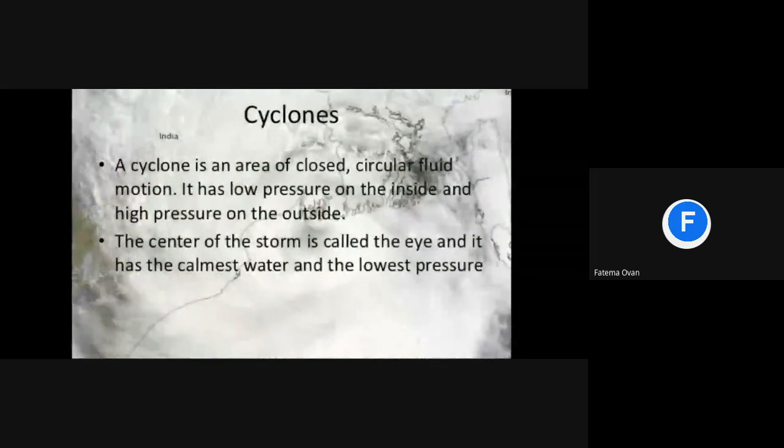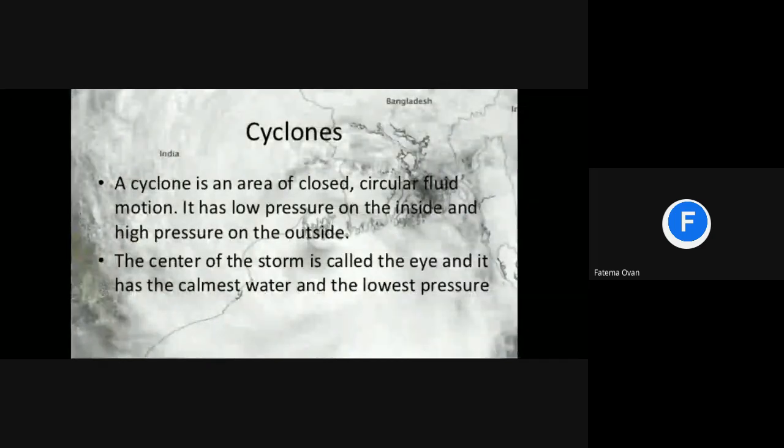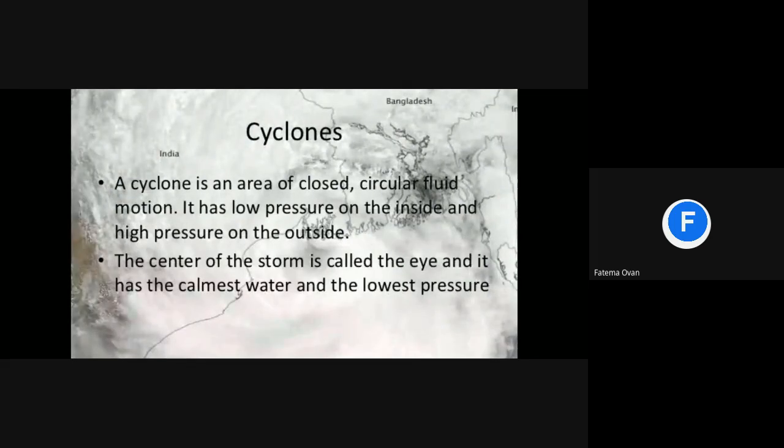Now, first we are going to study cyclone. What is a cyclone? It is a closed circular fluid motion, due to low pressure on the inside and high pressure on the outside. The center of the storm is the eye, and it has the calmest water.